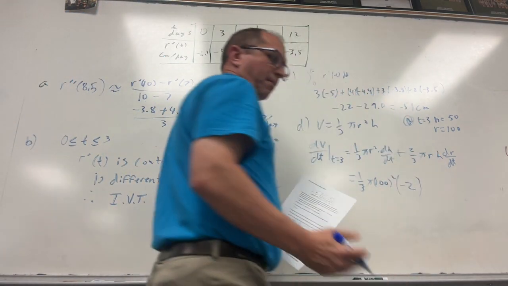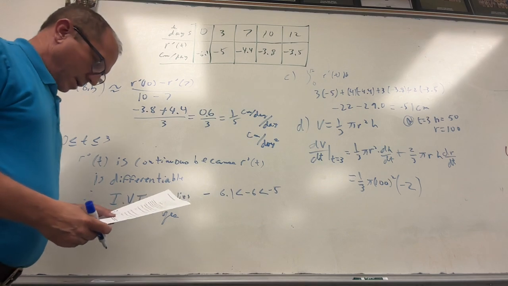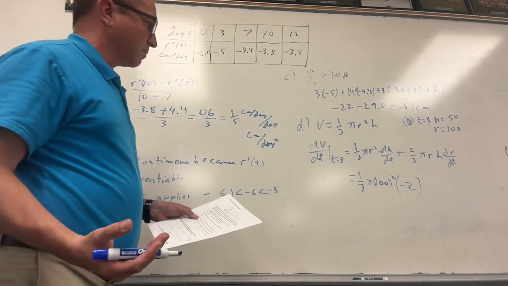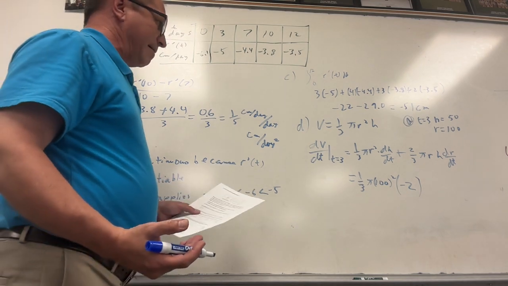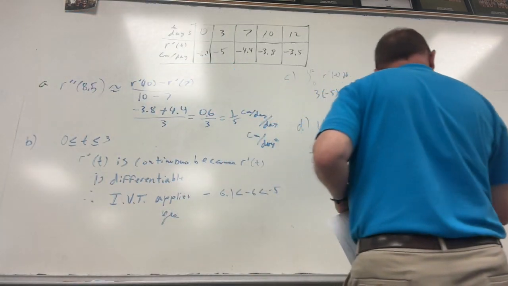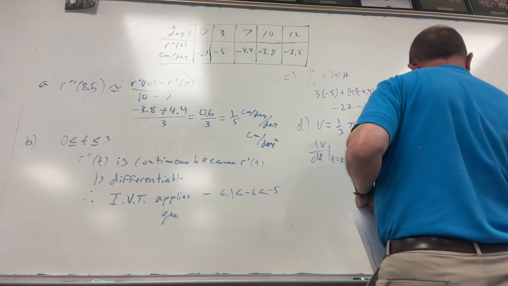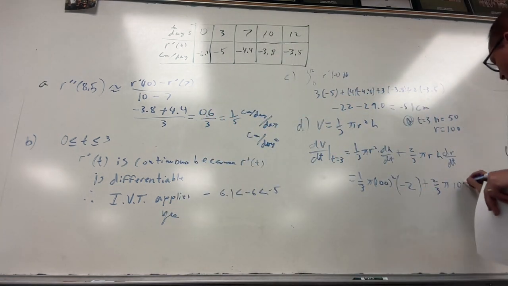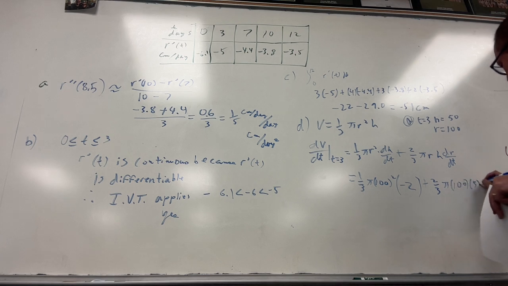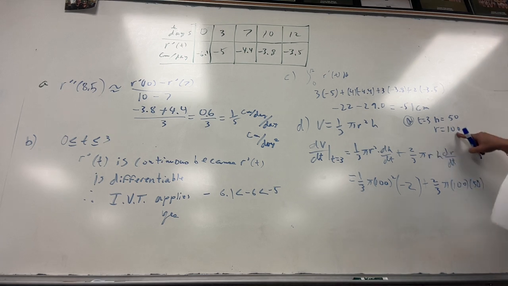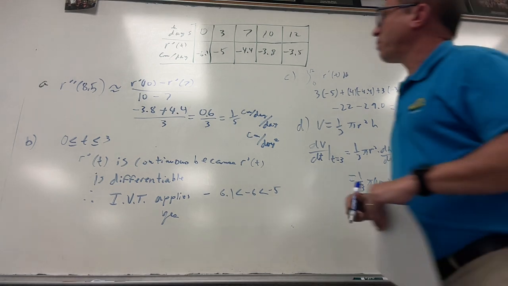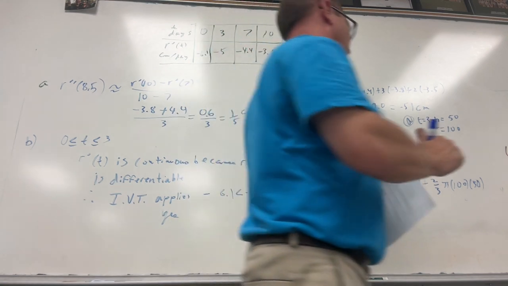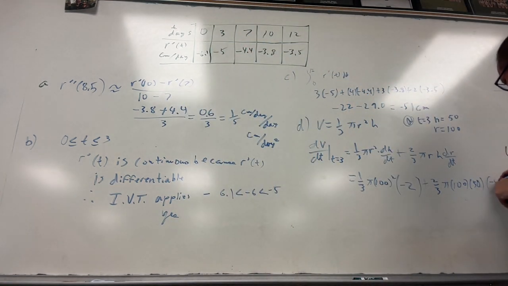If you're wondering where we got that from, it tells us in part D that the height of the cone decreases at a rate of 2 centimeters per day at that instant. And then it's plus 2/3 pi. Again, my radius here is 100, my height is 50, and dr/dt, they gave us in the original problem, at time equals 3, dr/dt was equal to negative 5. So we get negative 5 here.